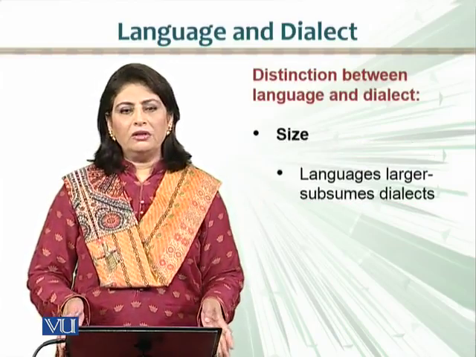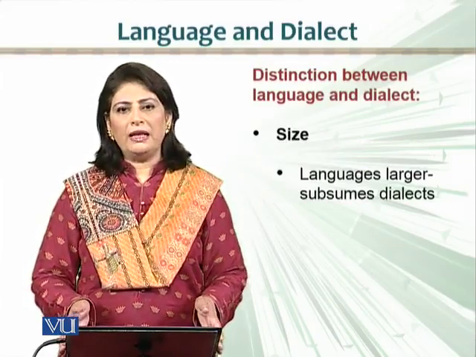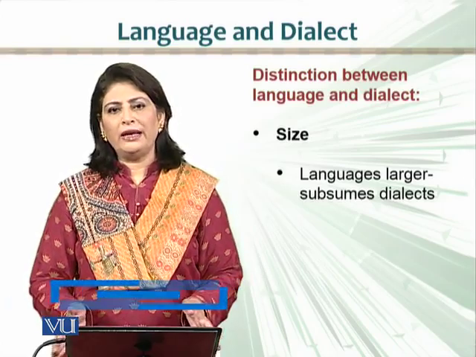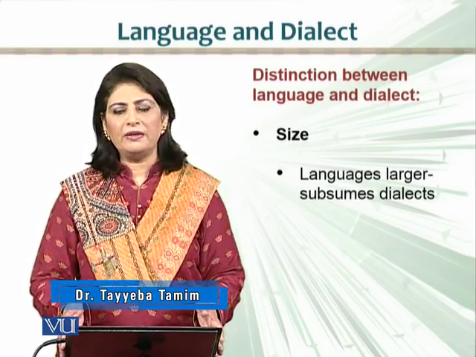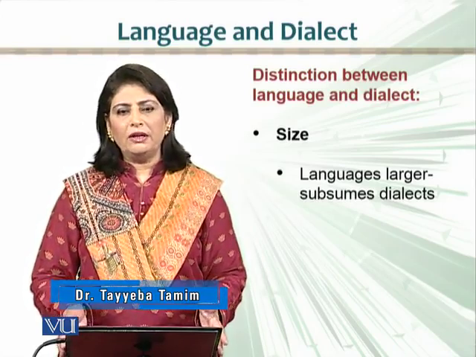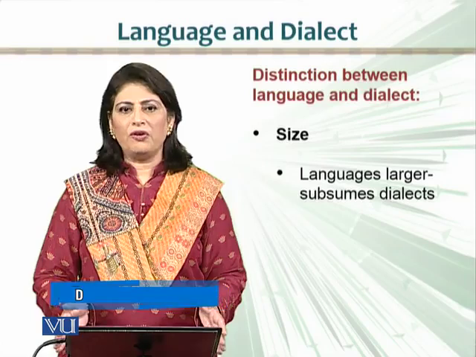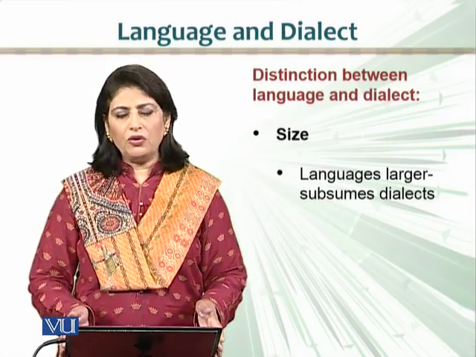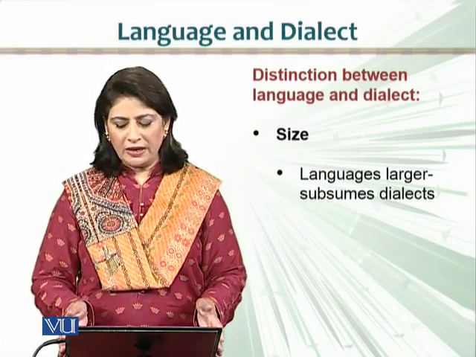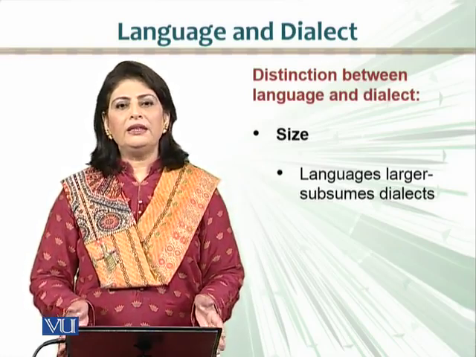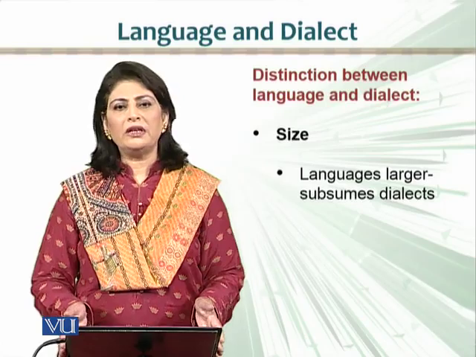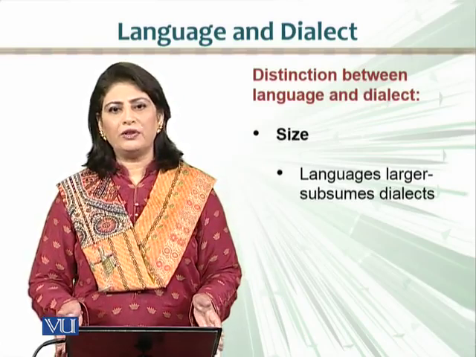The distinction between a language and a dialect is often made on the basis of size and prestige. Let us look at this question of size first. What we are saying is that languages are larger, that is, they have more linguistic items than dialects do.